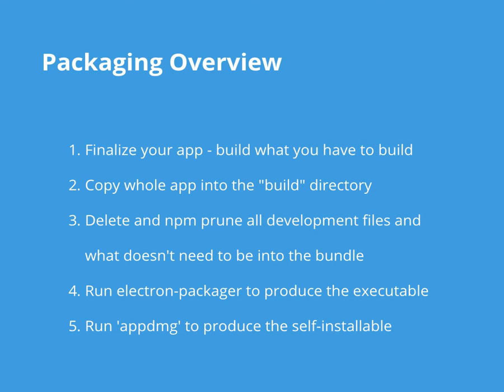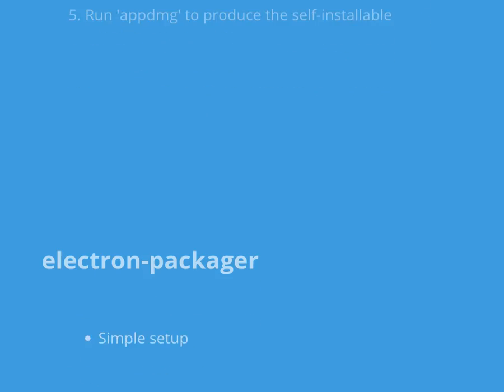So now you have your executable, and what you need to do is create the self-installable, the final file that you're going to distribute, right? Which is, in the OS X case, it's the pkg. I think in Windows it can be an exe or something else, I don't remember. So to do that, you need to run the appdmg package.